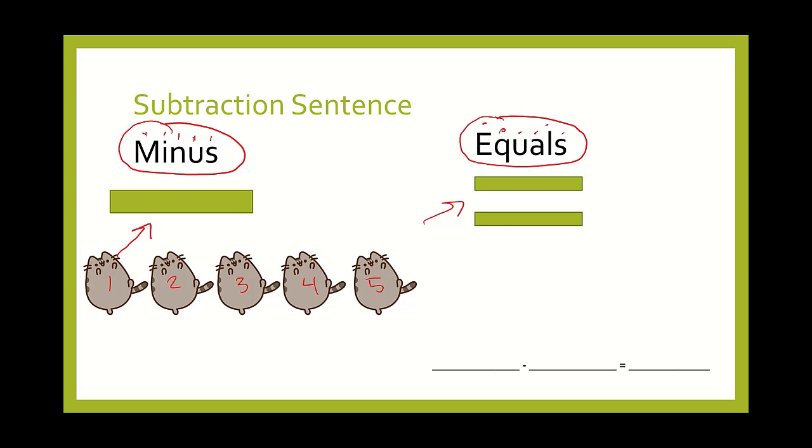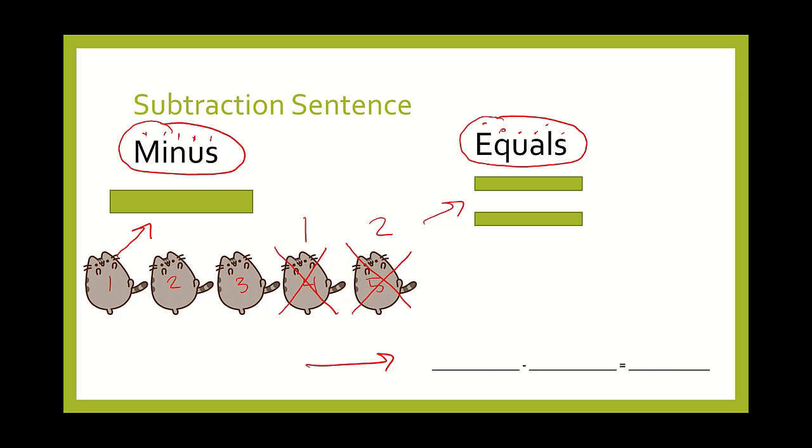And I said earlier that you can show takeaway or you can show minus by crossing out. So we had this many leave. So we had 5 cats and then 1, 2 left. And this is how we would show that in our number sentence, our subtraction sentence.